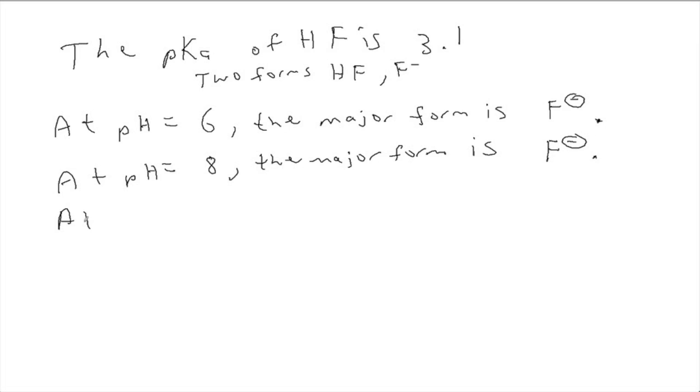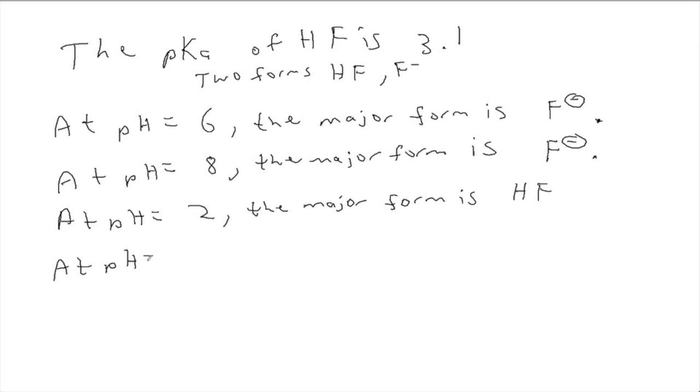Okay, good. How about here? HF. How about here? 50-50. That's right. We proved that using the Henderson-Hasselbalch equation. We saw that when you plug in the same pKa and pH into the Henderson-Hasselbalch equation, this ratio turns out to be 1:1.